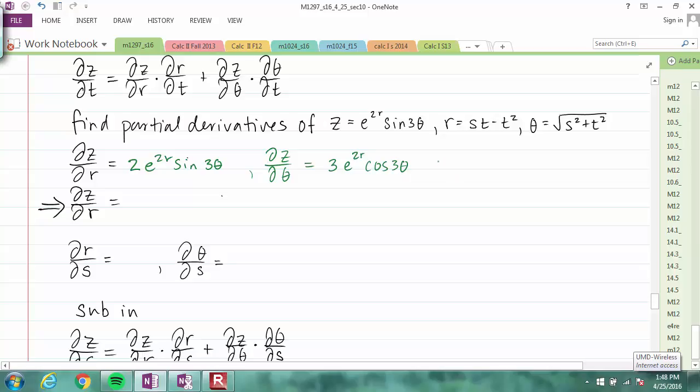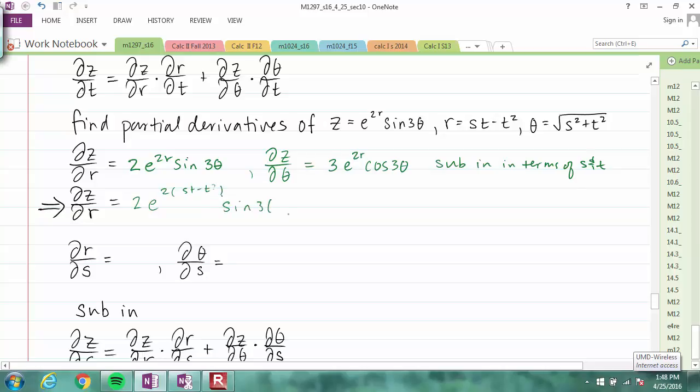Alright. Eventually we're going to have to sub in with our s and our t in there. So just doing that here, you could do it later, but then it looks complicated. r becomes st minus t squared.